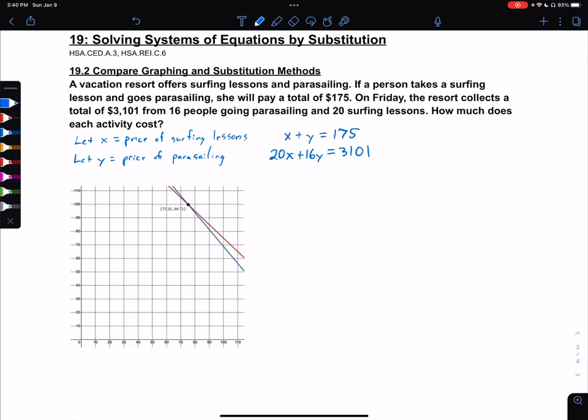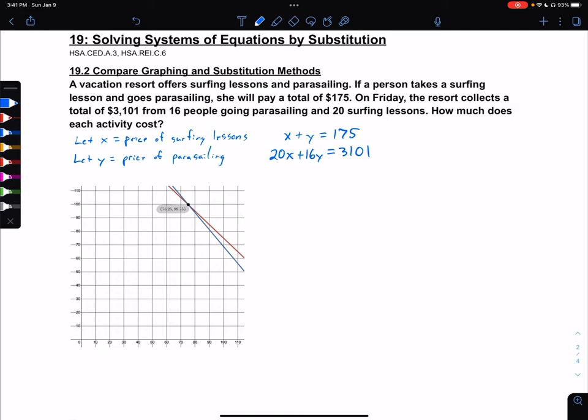Again, I already jumped ahead and graphed this, and you can see that our solution is 75.25 and 99.75. I did that to save time, so I'll go through the substitution method because that's what we're focusing on. We've already gone through the graphing method.